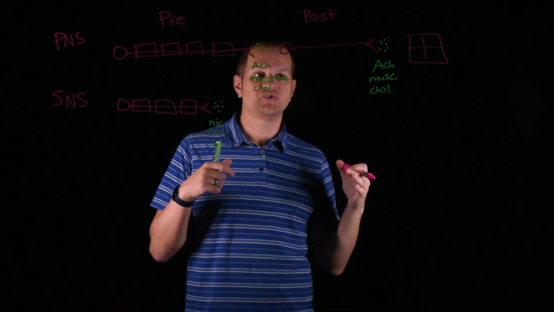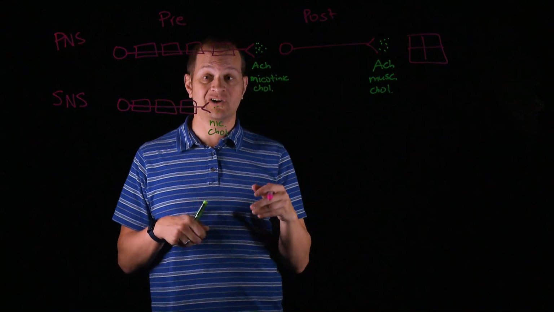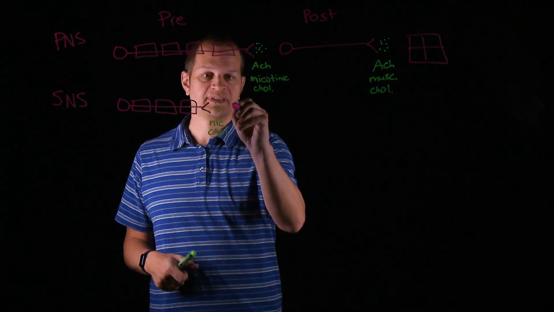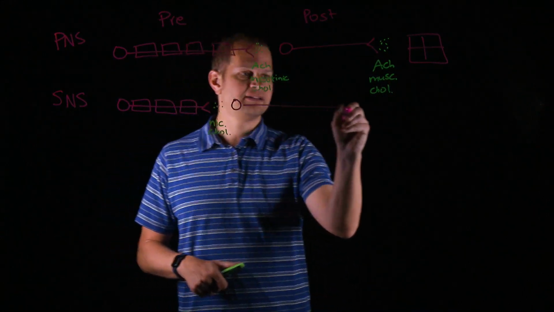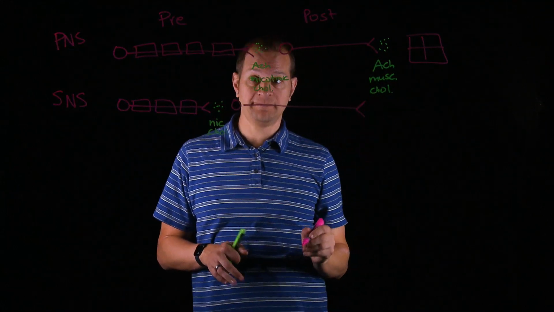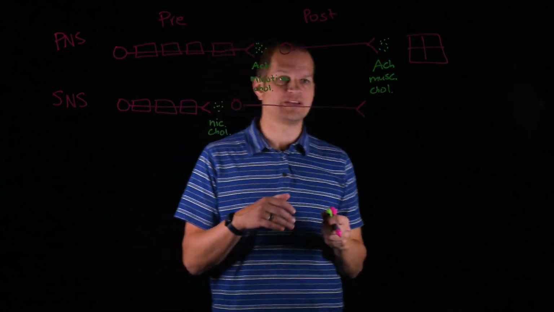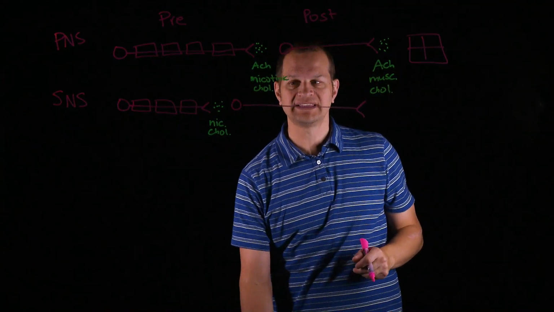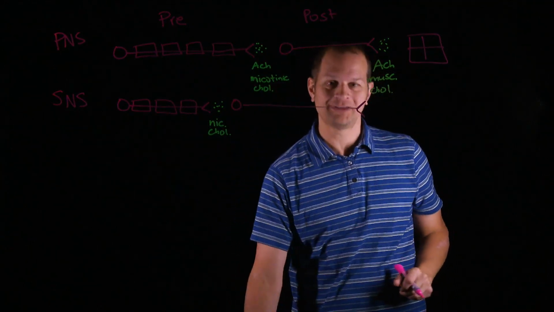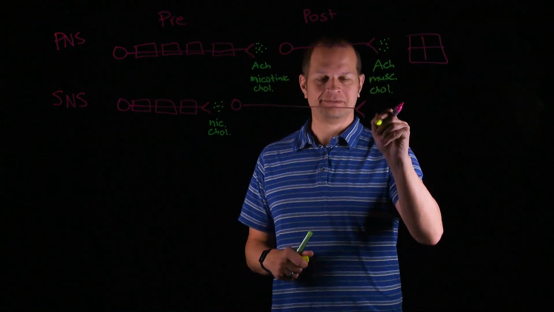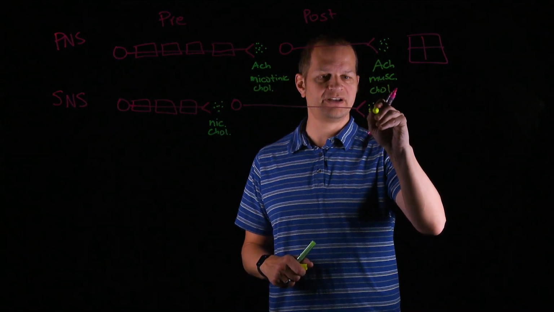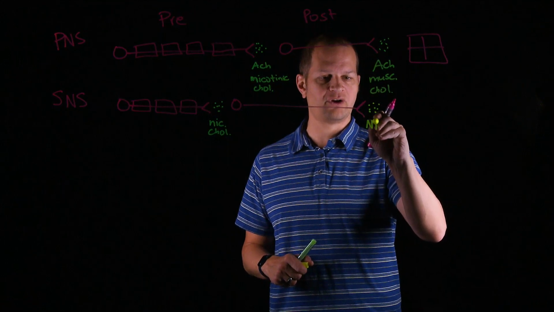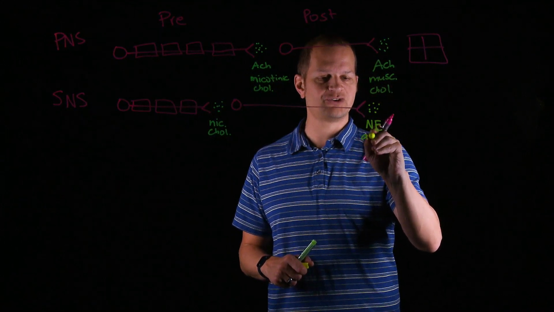Now, when it comes to the postganglionic neuron, there's actually only one thing that's the same. The sympathetic neuron is long, it's unmyelinated, that's the only thing that's similar between the two. And in this case, instead of releasing acetylcholine, it releases norepinephrine. So here's my norepinephrine, NE for norepinephrine, and this is an adrenergic receptor.